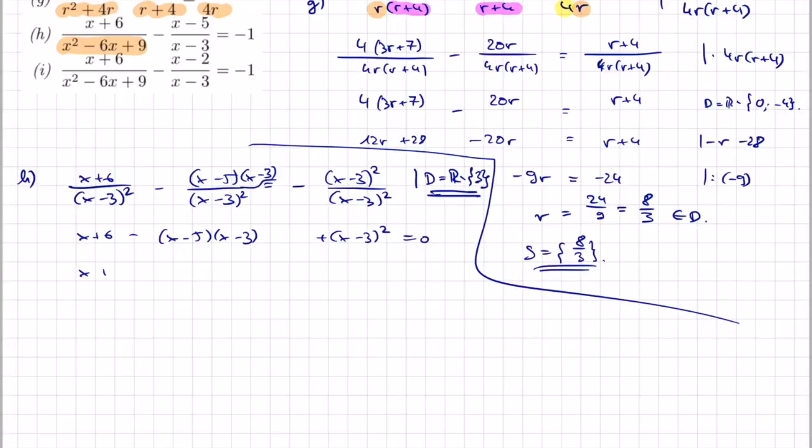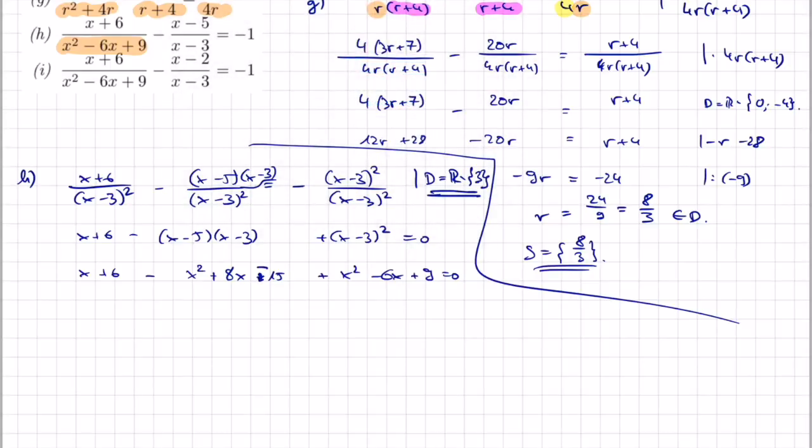What do we have? X plus 6. Here we have x squared minus 8x plus 15, and here it's x squared minus 6x plus 9. And there's a little bracket to open here.